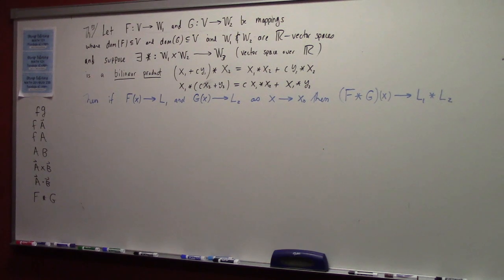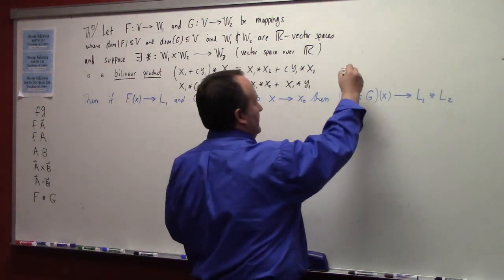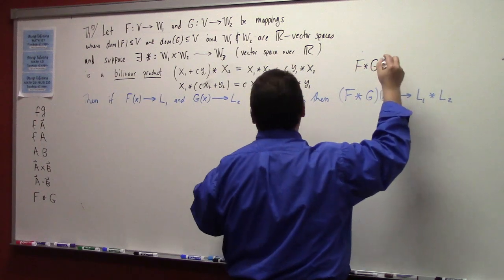The question then is, does this even fit the context of my definition of limit to start with? Like, what is f star g? So here, f star g, is it the right kind of thing to even ask the question? F star g is a mapping from what?